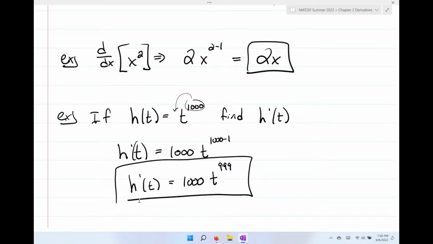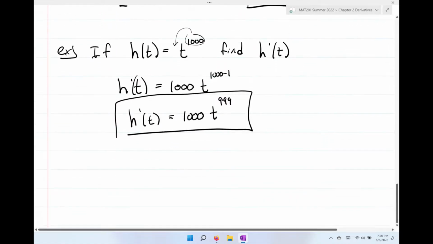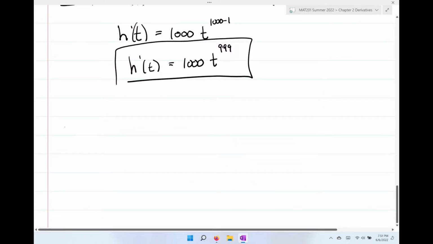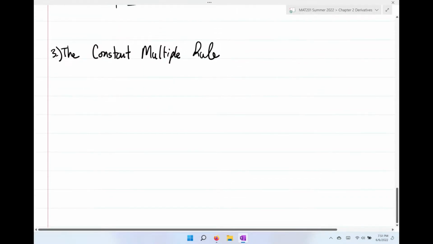Now what we're going to do is transition into new derivatives from old. In other words, we're going to start to apply some more rules here. So the next rule I want to go over, this is our third rule, is the constant multiple rule. Now, these are just little things that really help us out, and it makes our life a little bit easier when it comes to finding derivatives.